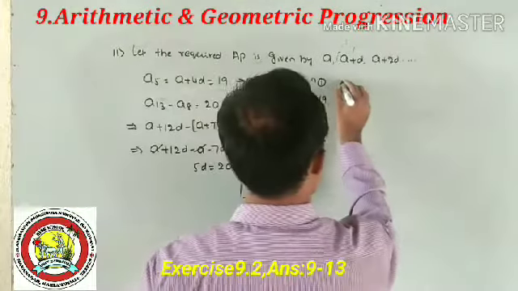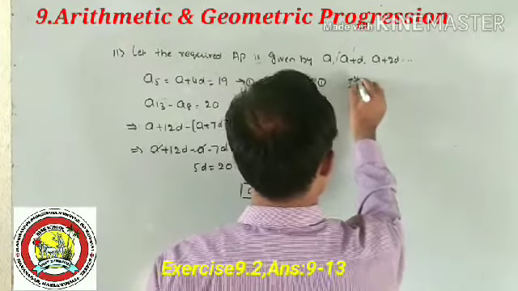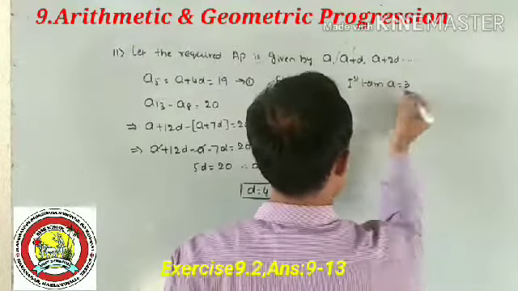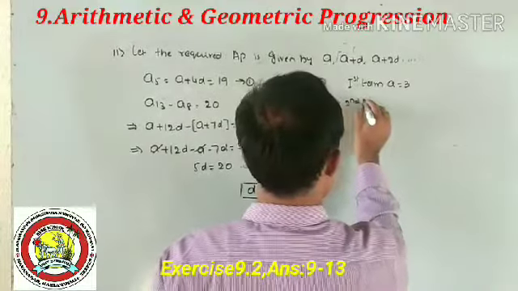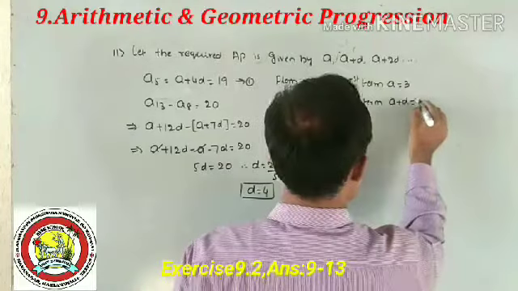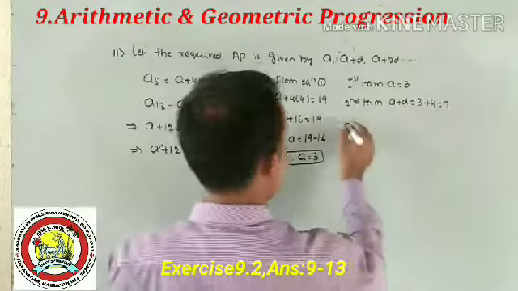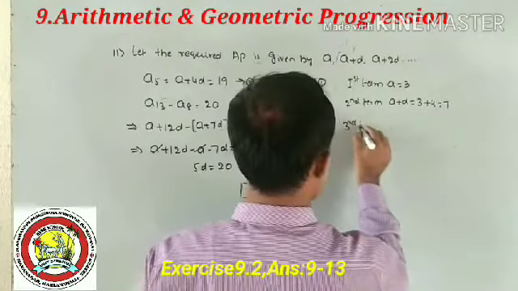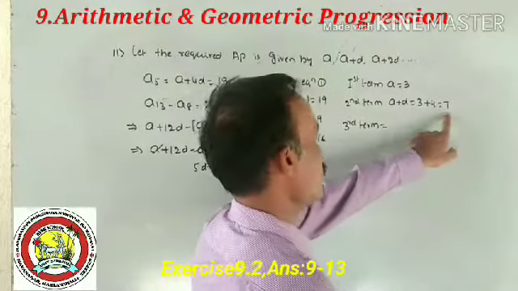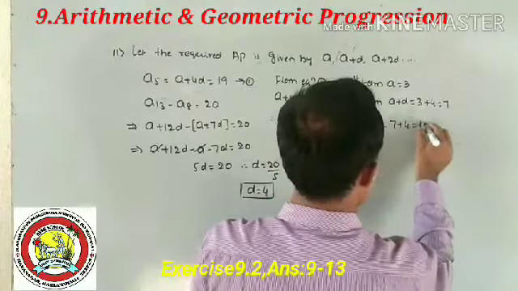Now we write the terms one by one. First term, that is A, is equal to 3. Next, second term is equal to A plus D, that is 3 plus 4, is equal to 7. Third term, A plus 2D, yes, add D to the second term, that is 7 plus 4, is equal to 11.